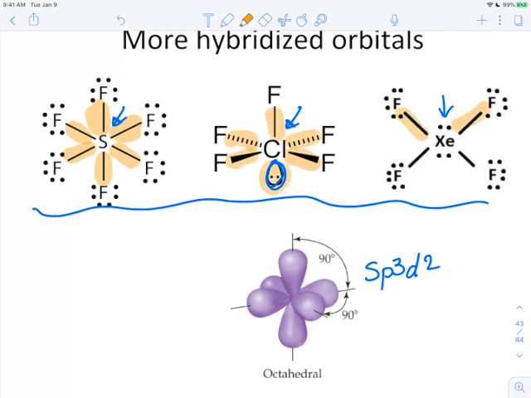And 1, 2, 3, 4, 5, and 6. So all of them have 6 electron clouds. So they're all sp3d2. All right, so any questions on anything here about why these are all sp3d2?